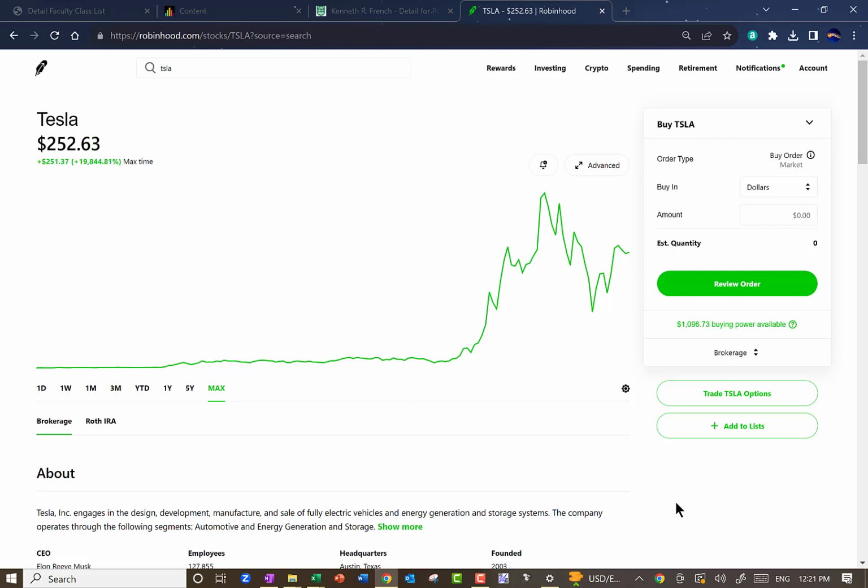Now, from the time it started, which is 2010, owning a Tesla stock made you almost 20,000%.